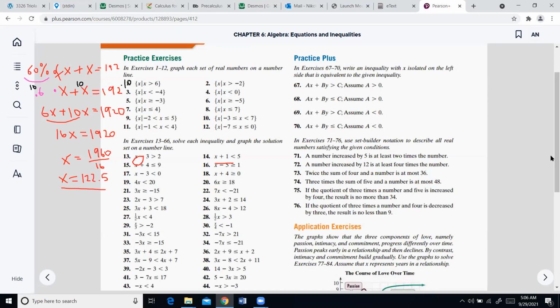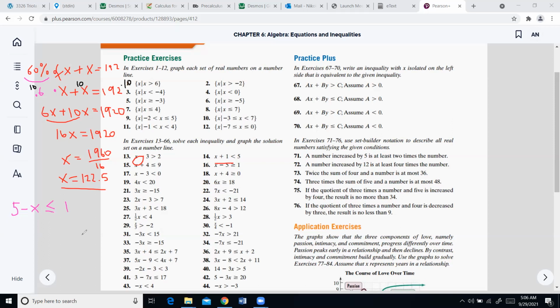I don't remember which exercise it is, but 5 minus x, so let me, it's another marker. 5 minus x is less than or equal to 1.